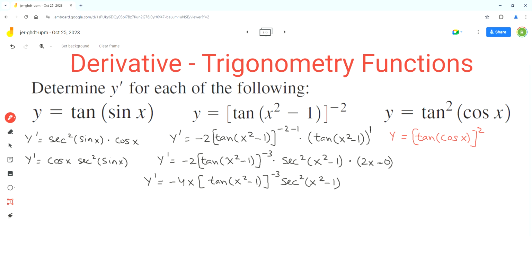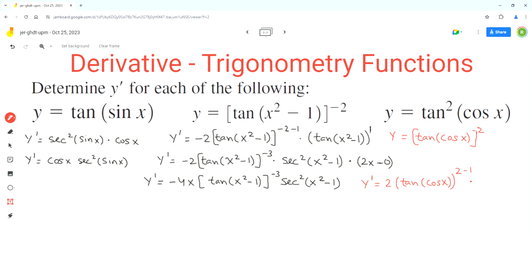So we'll start with the outer function, which is the exponent 2. So we'll have to use power rule for it. So as per the power rule, we'll move the 2 to the front and we'll subtract 1 from 2, times the derivative of the inner function.